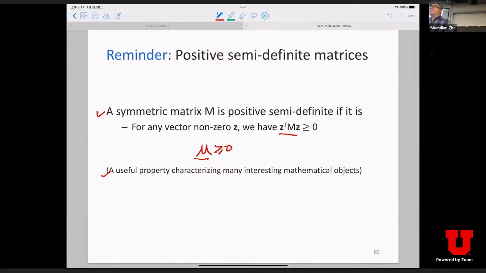Remember one very important concept associated with a matrix: eigenvalues and eigenvectors. For a positive semi-definite matrix M, all of its eigenvalues are non-negative. That's a very important property, and that's also the basis to prove many mathematical conclusions.